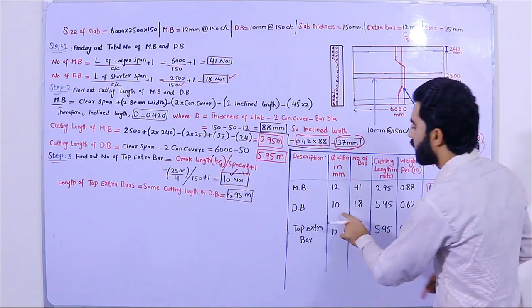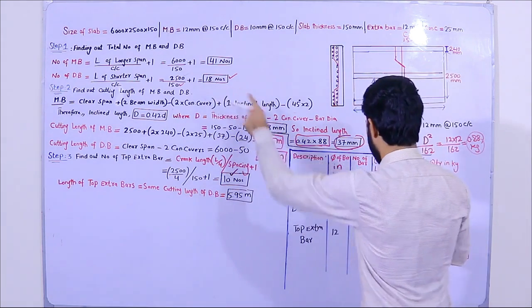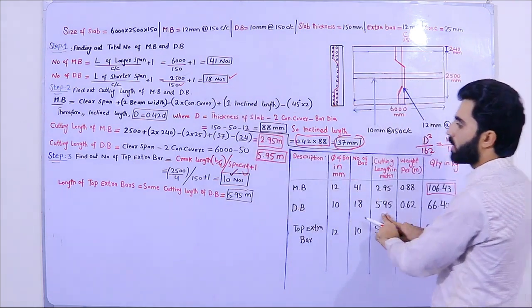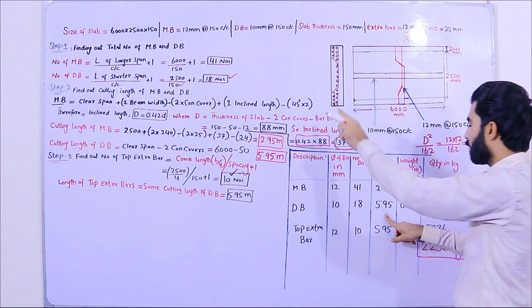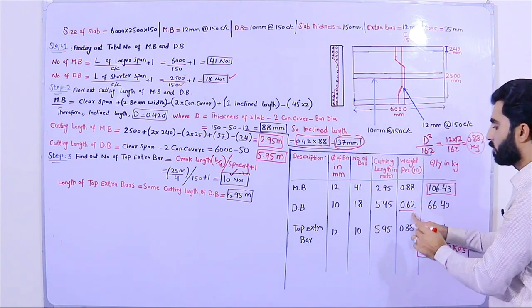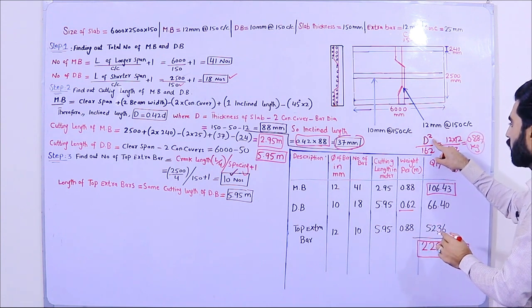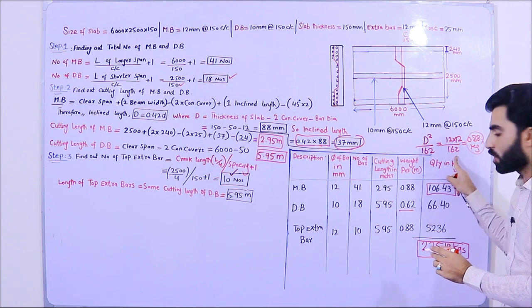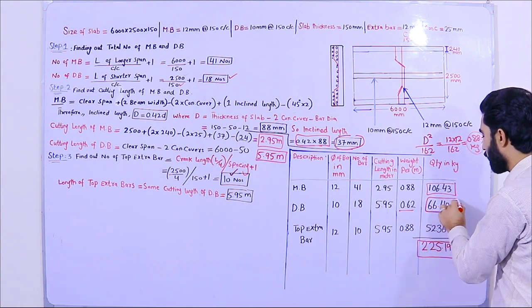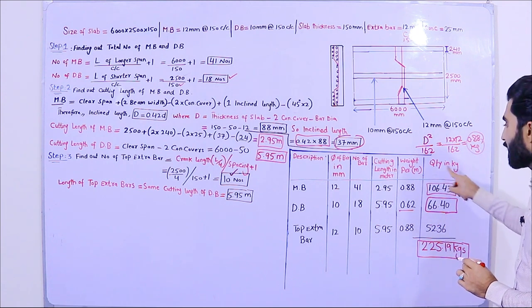Now distribution bars, the dia is 10 millimeter, numbers we required 18, cutting length is 5.95 for distribution bars, and the unit weight of steel is 0.62 kg per meter if you put the value in this formula, which is 10 multiplied 10 divided by 162. So the total steel required for distribution bars is 66.40 kg, quantity in kg.